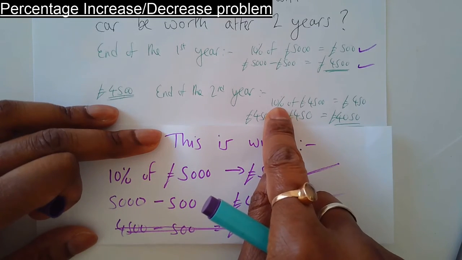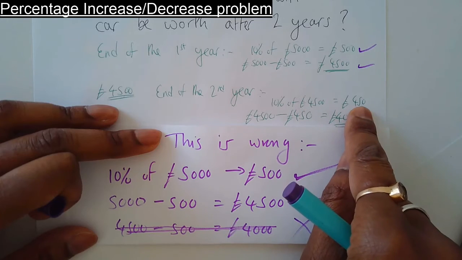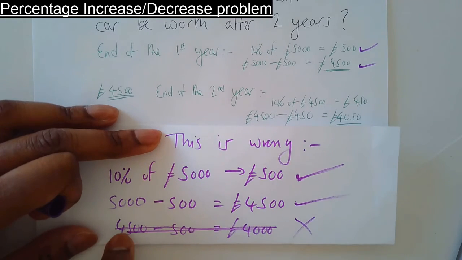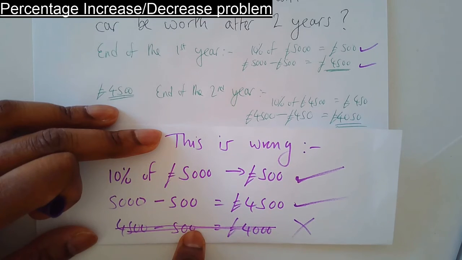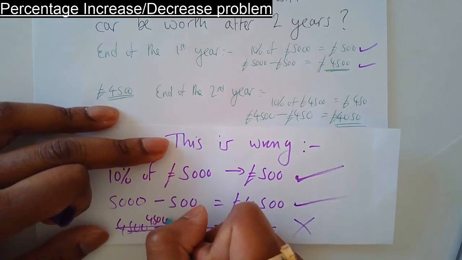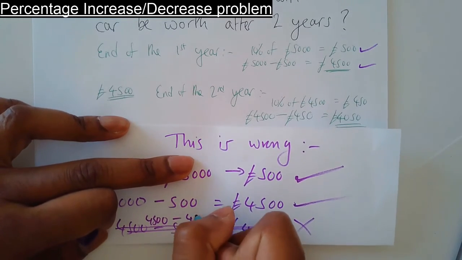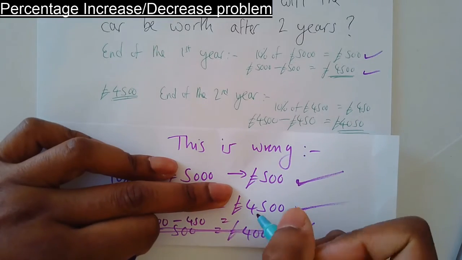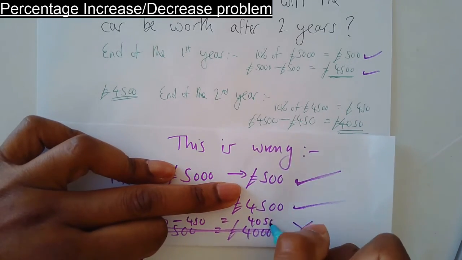There, look, that gives you the 450, and then do 4,500 take away 450. So then you would have done 4,500 take away the £450, and that would have given us £4,050.